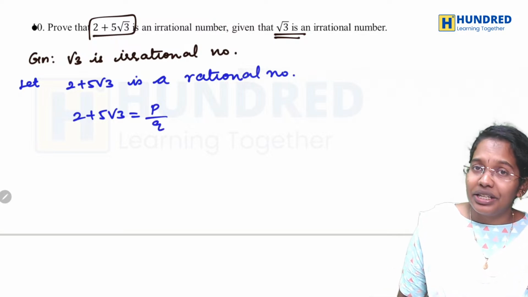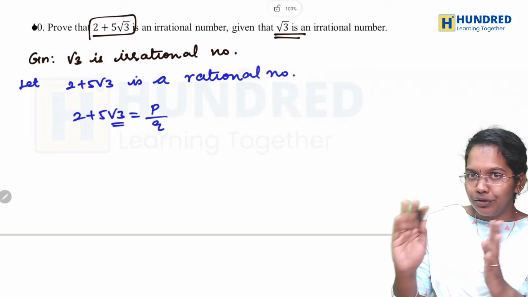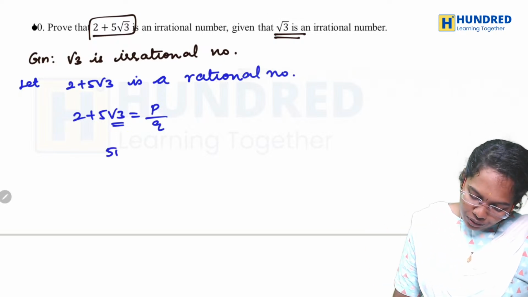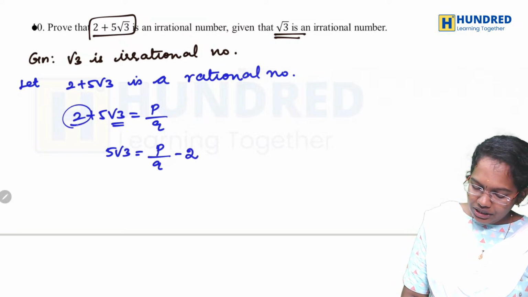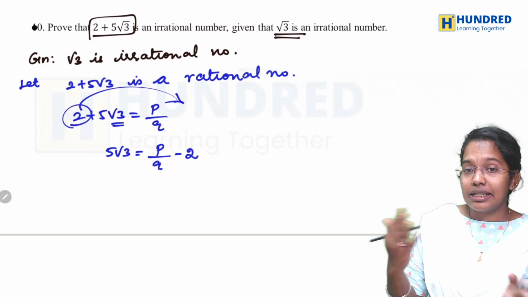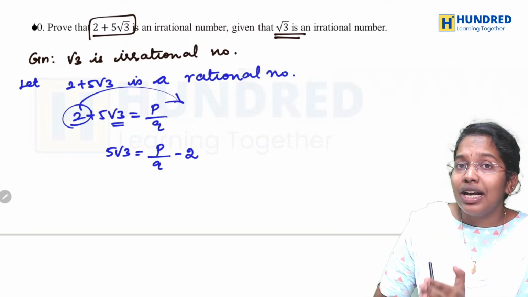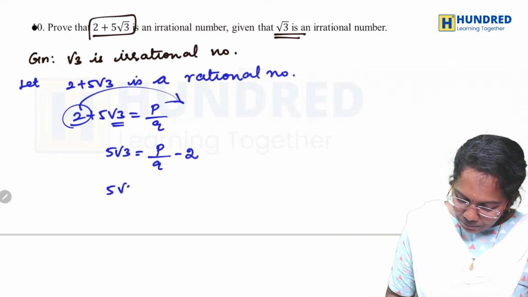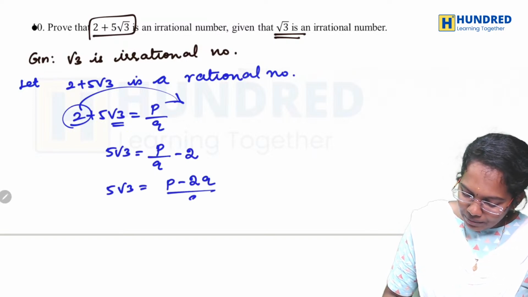Now I'm just going to find the root 3 value from this. Then 5 root 3 will be equal to p by q minus 2. The plus 2 goes to the other side, and when it goes to the other side, it will be minus 2, right? Now we are just taking the LCM, so it is p minus 2q divided by q.